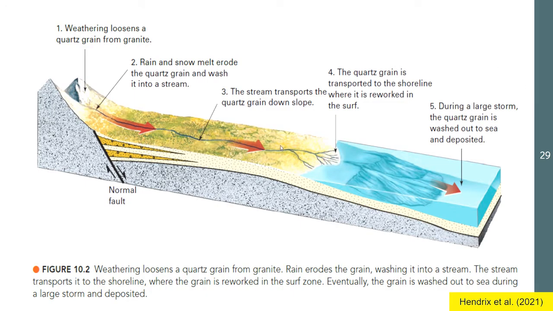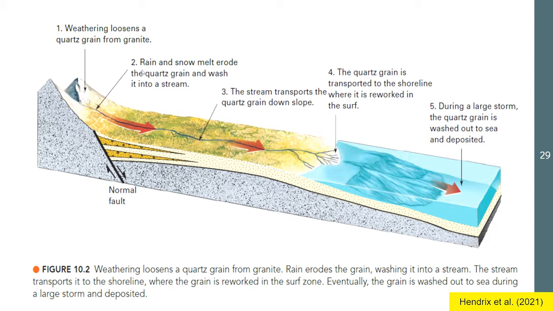So this helps us visualize how weathering, erosion, and deposition happen. The weathering occurs on the rock formation, the facades of mountains. Weathering loosens the quartz grain from the granite, from the rock formation.